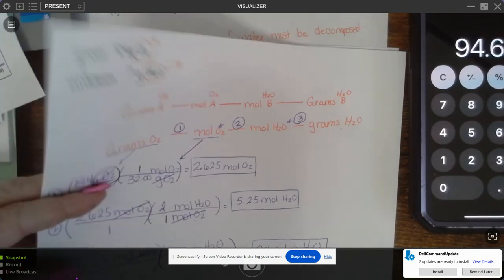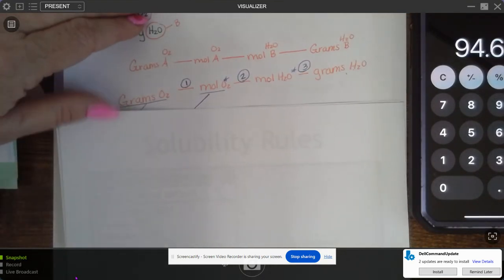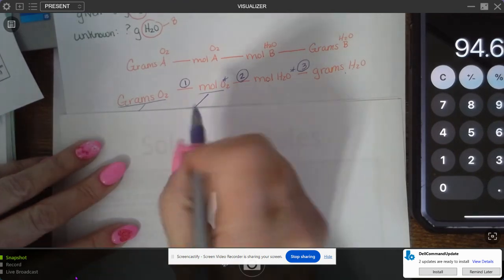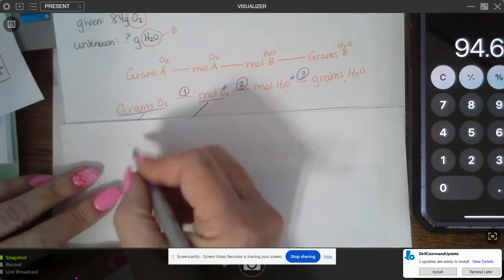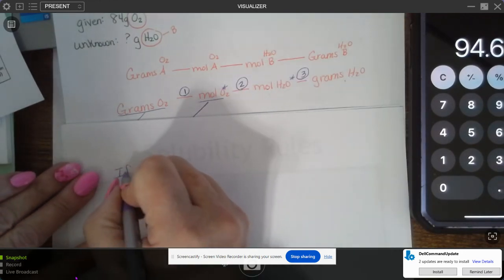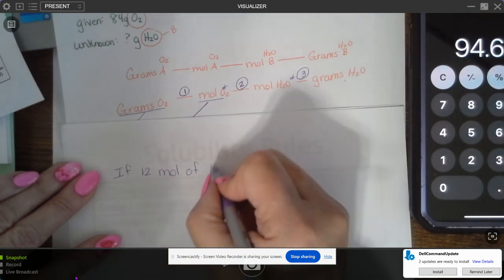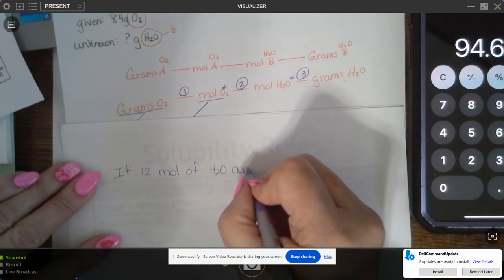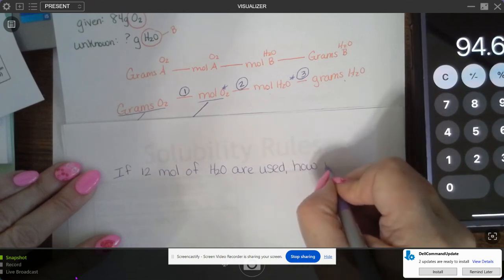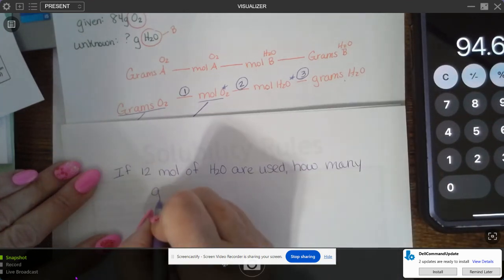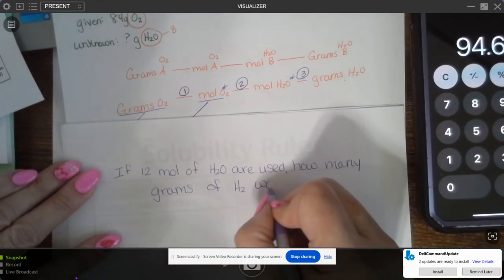Okay, now I want to show you something that I feel like is the piece that some of you are missing. The steps are always the same. Okay, so let's say my question said, if 12 moles of water are used, how many grams of hydrogen would be produced?